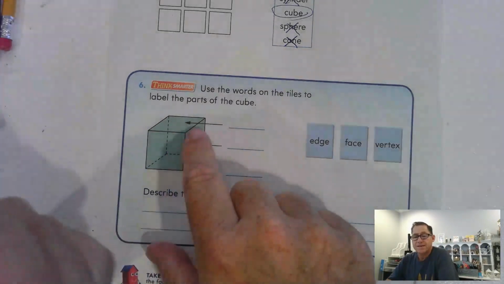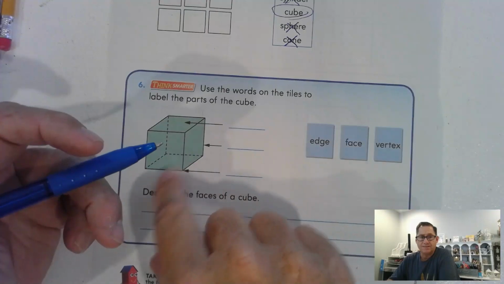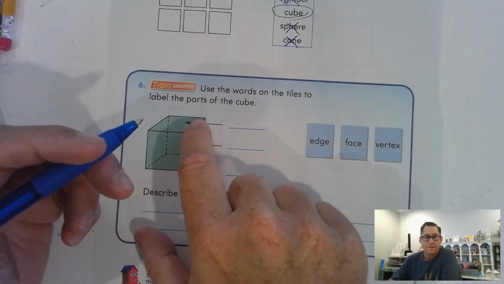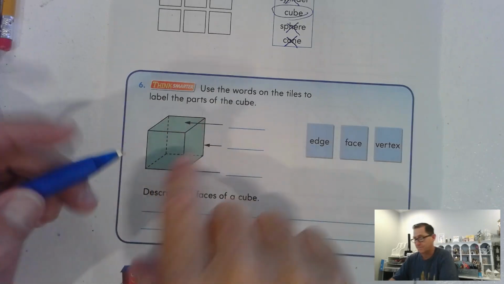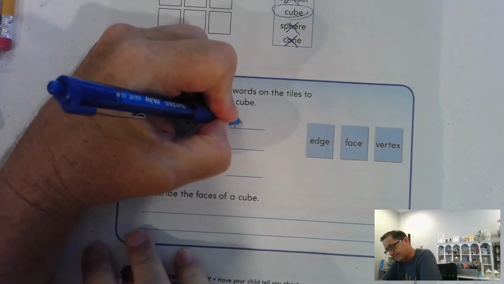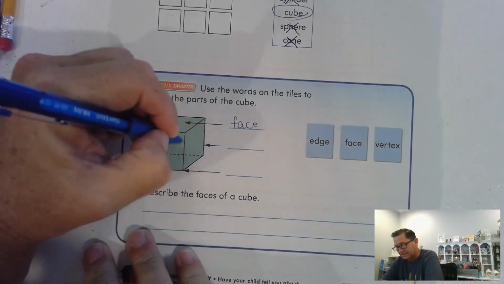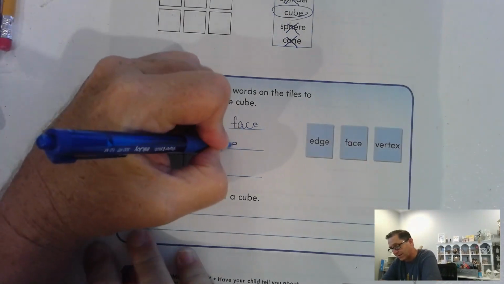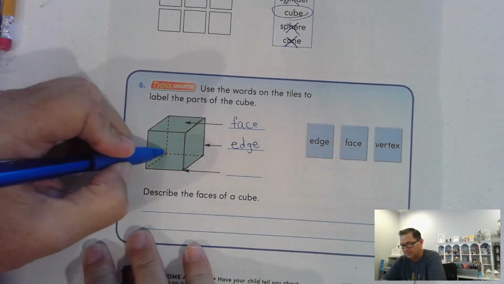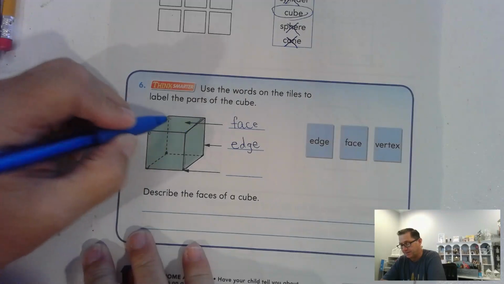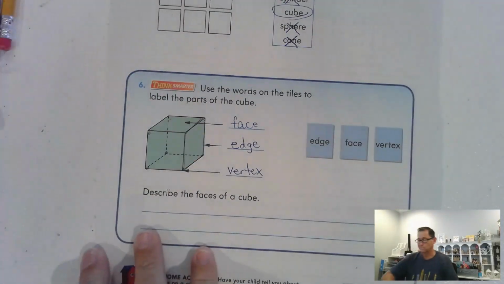On the second page of our lesson today, we basically identify what these different parts were. Every flat surface is a face. The sides of the faces are called edges. The corners of our 3-dimensional shape are called a vertex.